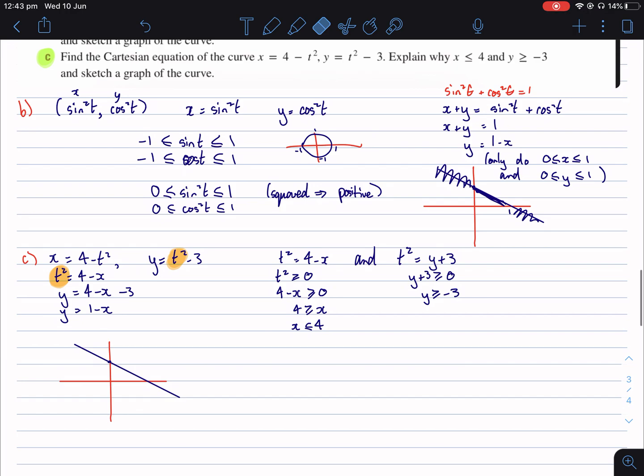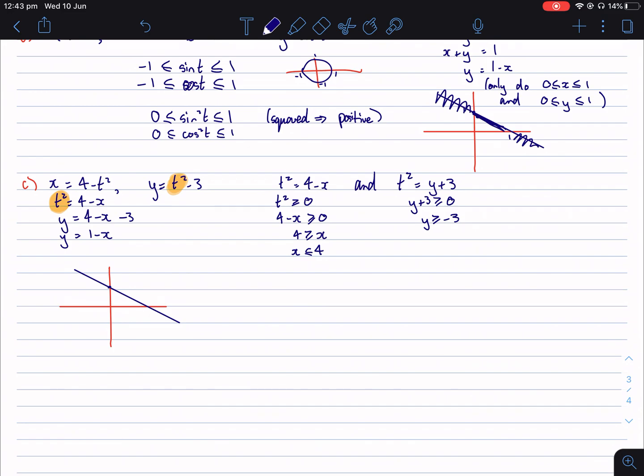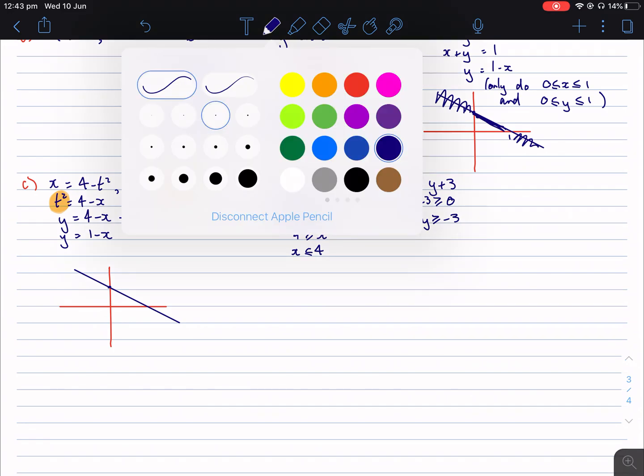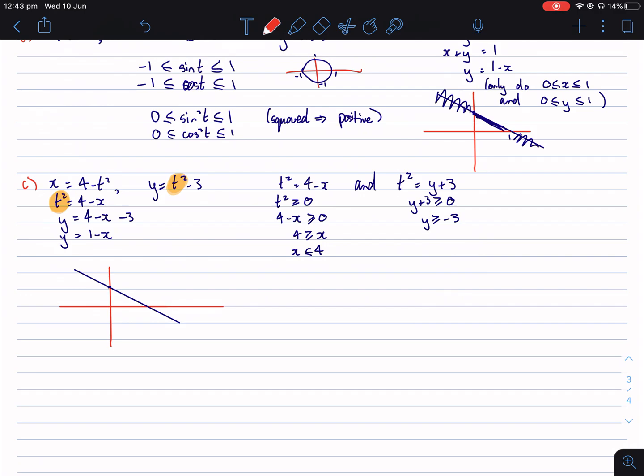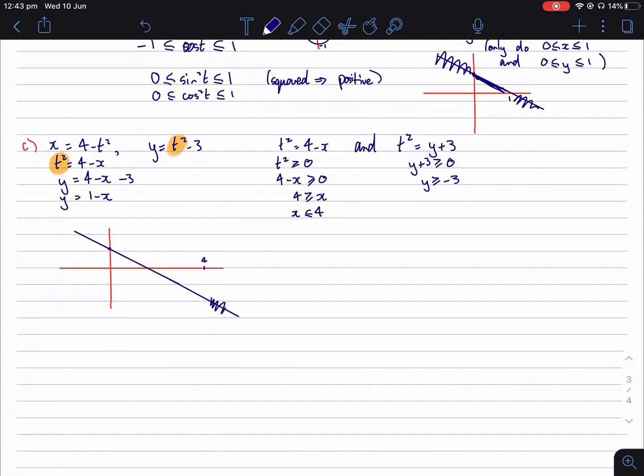So now because x is less than or equal to 4, 1 minus 4 is negative 3, so I'll just make here 4. Scrub out anything here. And because y is greater than or equal to negative 3, that's it. So we just want this other bit of it.